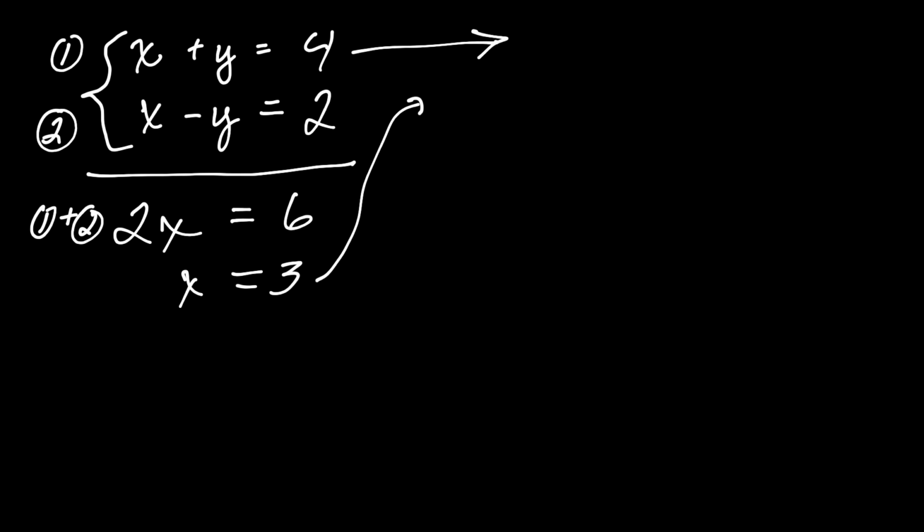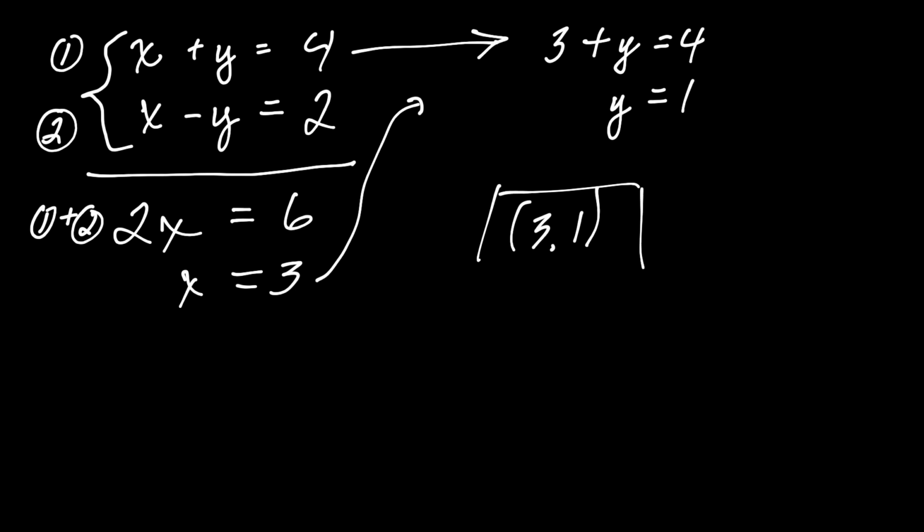So x plus y, that's 3 plus y equals 4. And when I subtract 3 on each side, I get y equals 1. So (3, 1) is the point where these two linear equations intersect. Let's look at the next one.